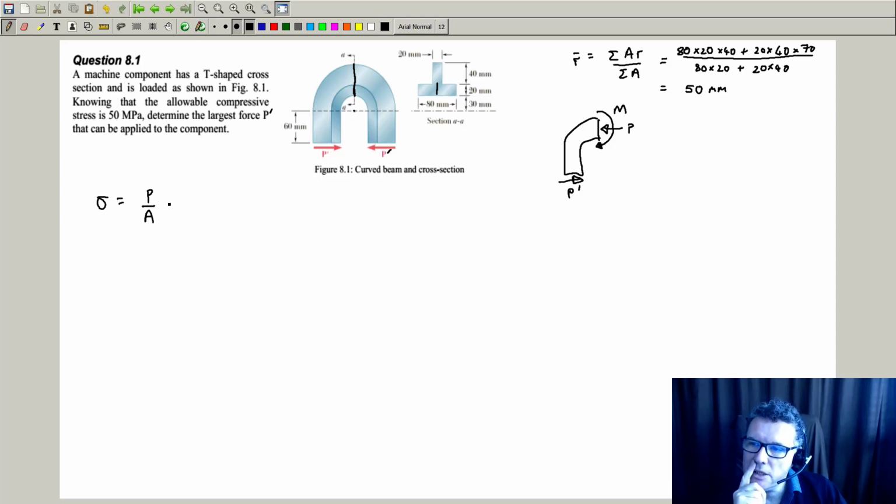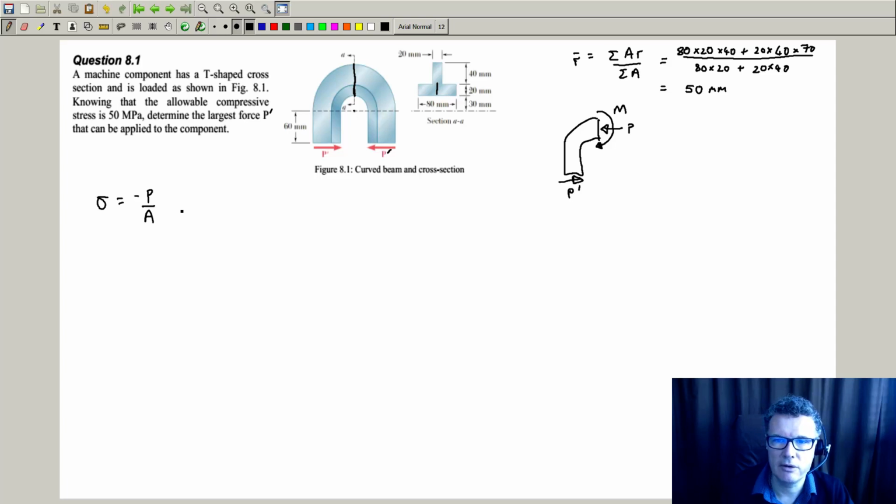If I let P have a positive value, when I apply the load, I'm expecting this thing to get squashed, so we're, say, minus P. So we've got a compressive stress there.